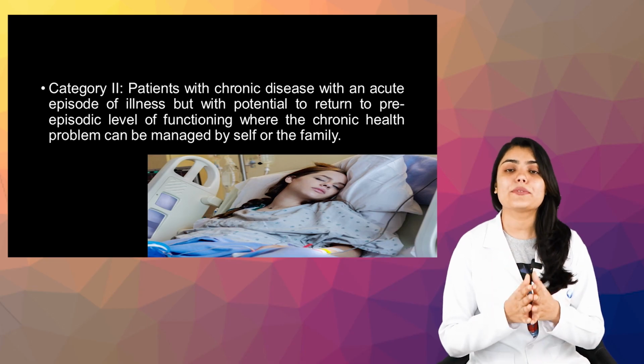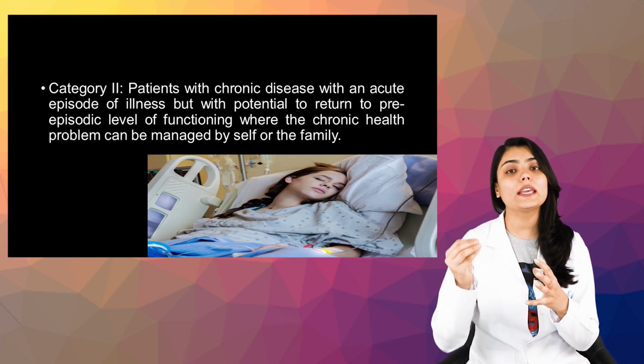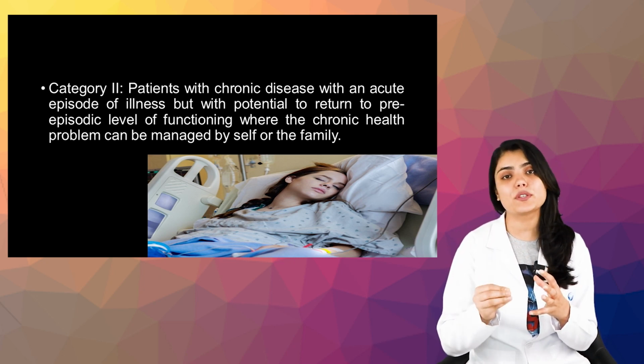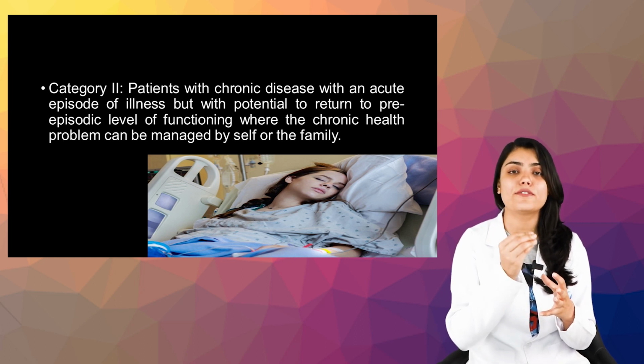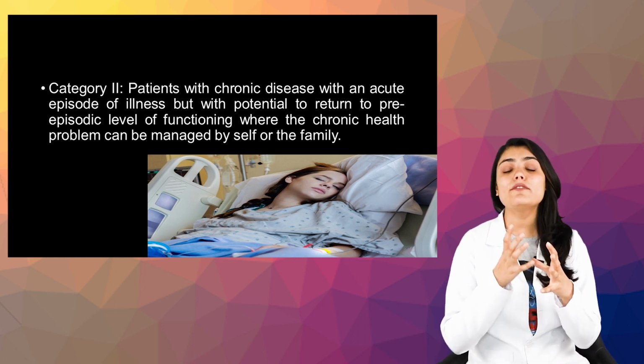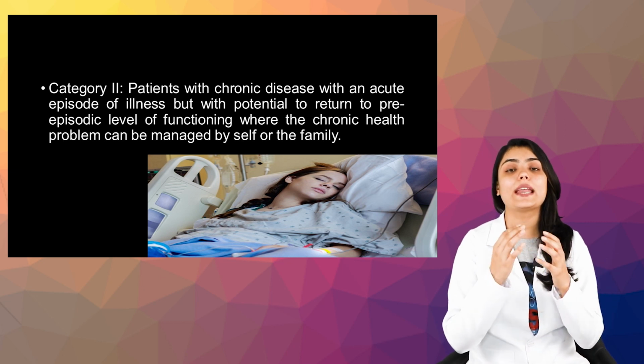In the second category, patients who have chronic illness but with acute episode, who also have the potential to return back to their pre-disease functioning, are categorized. We have to understand the difference between category 1 and category 2. In category 1, patients who come with acute illness and have the ability to return to their pre-disease functioning are categorized.